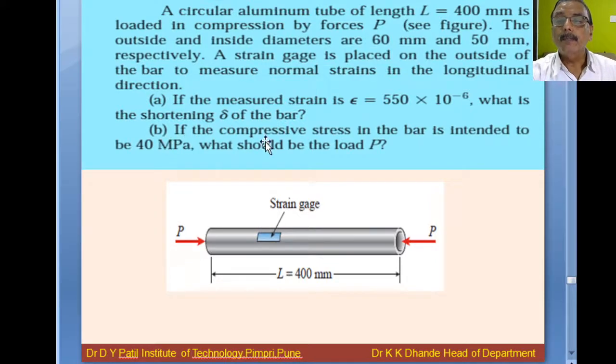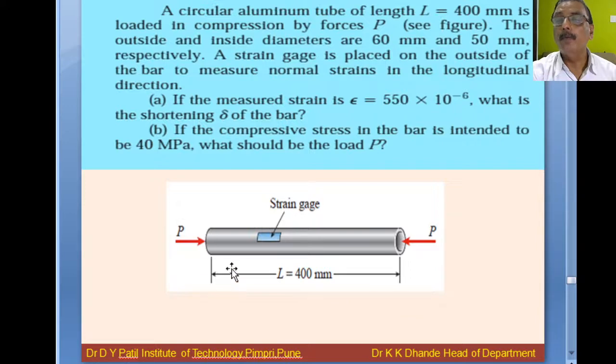Second, if the compressive stress in the bar is intended to be 40 megapascal, then what should be the load acting on the bar? Okay, now see that figure. The bar is given, compressive force is acting on it, and the length of the bar is given. It is an aluminum tube, L is equal to 400 mm.